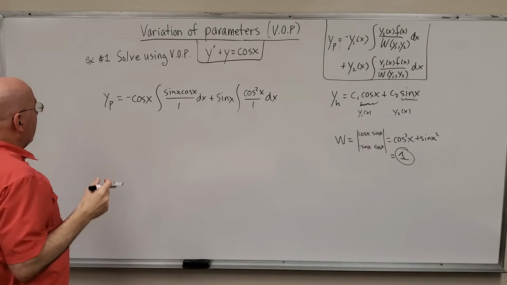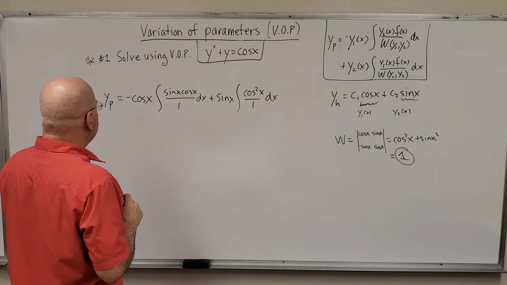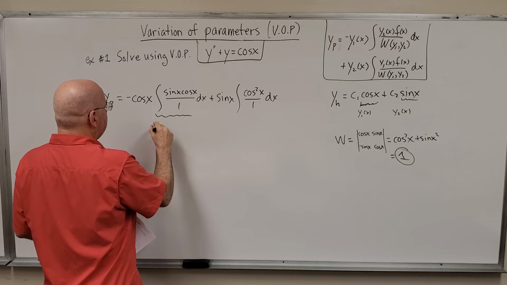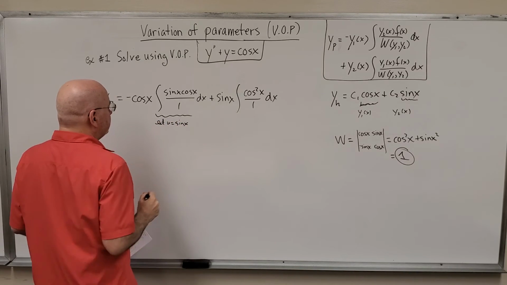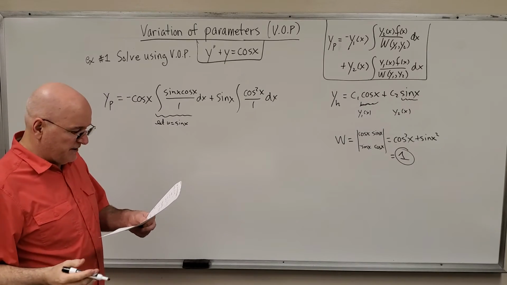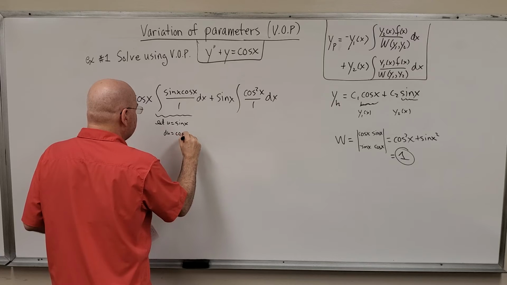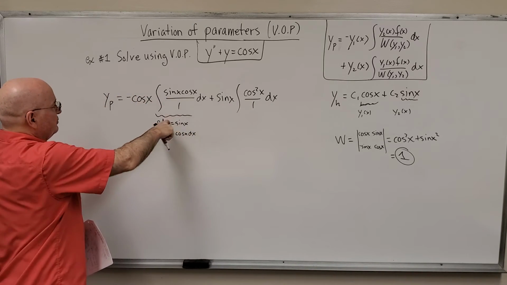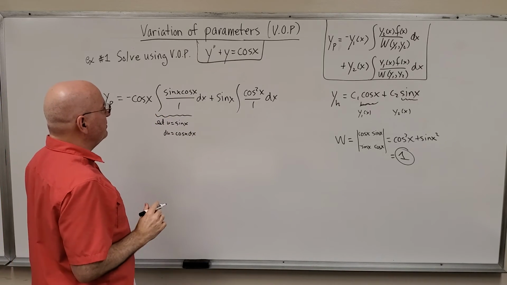So I think I'm going to leave some of the calculus 1 for you to do. In this integral, we could say let u equal sine x, doing a u substitution, then we get du being cos x dx. So that'll get you going on this integral. And what do we do on this one?